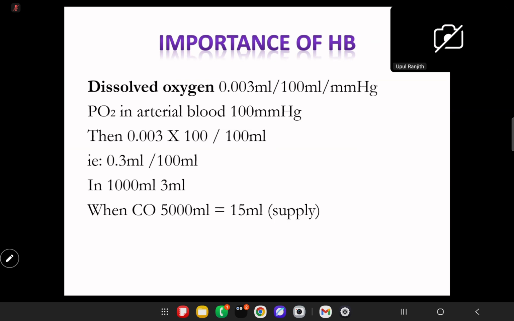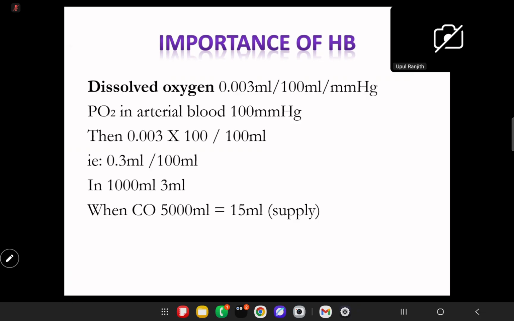So for 5,000 ml, it will be 3 into 5, that is 15 ml. That is the total amount that can be carried in the blood in dissolved form when the partial pressure of oxygen is 100 millimeters of mercury and the cardiac output is 5 liters.